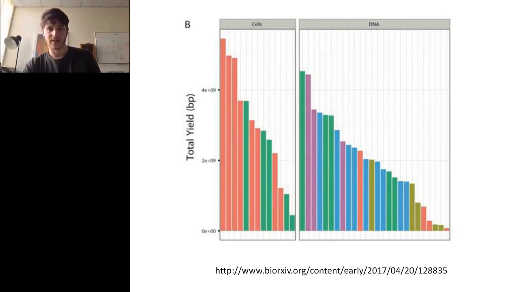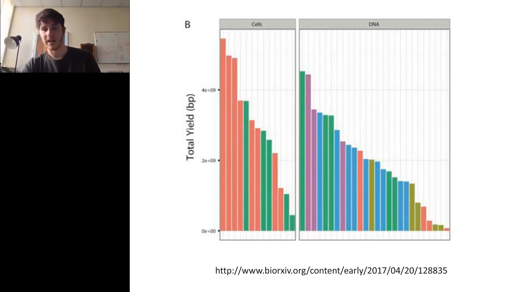So this is an example of the amount of data which we're talking about here. These are some runs that we performed when we actually sequenced the human genome as a side project on the MinION, and these numbers are the amount of bases that you can get from one flow cell.